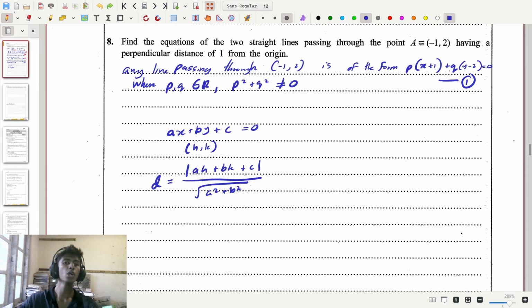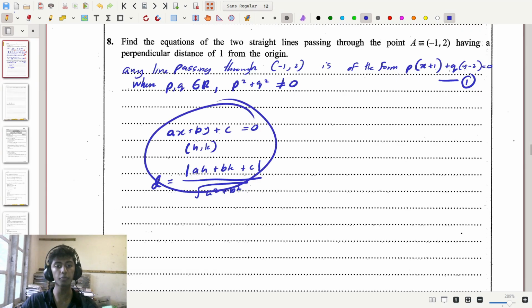We can apply this equation to this situation by substituting the perpendicular distance d for 1 and the point (h, k) for the origin, which is (0, 0). So basically, substituting h equals 0 and k equals 0.